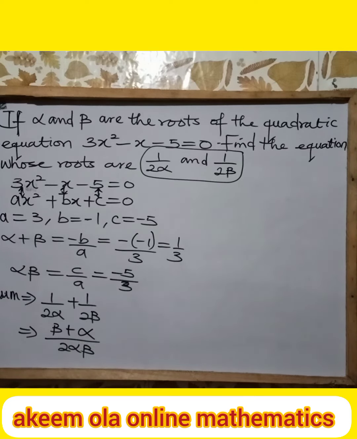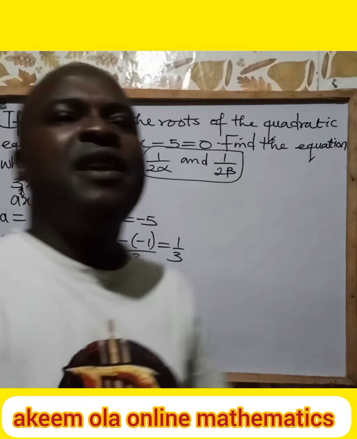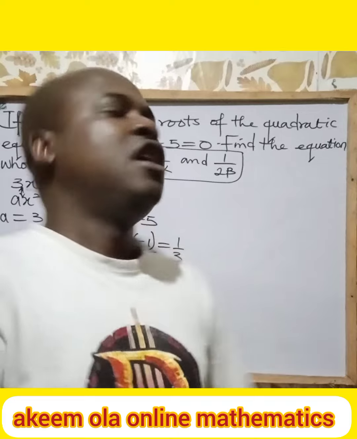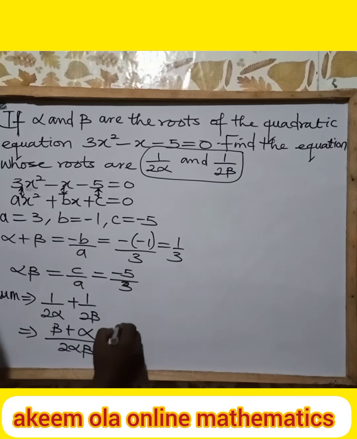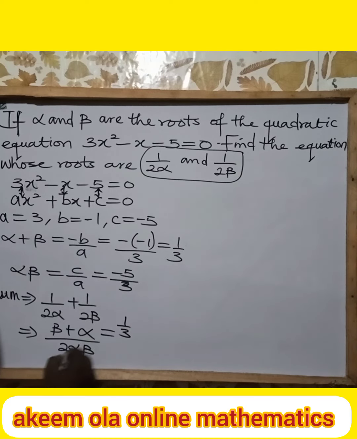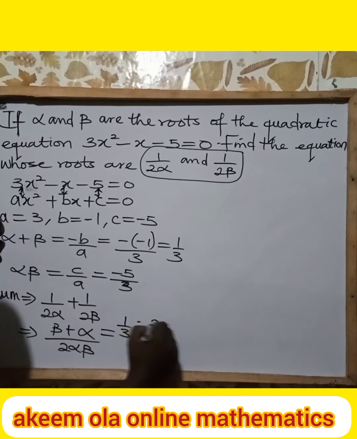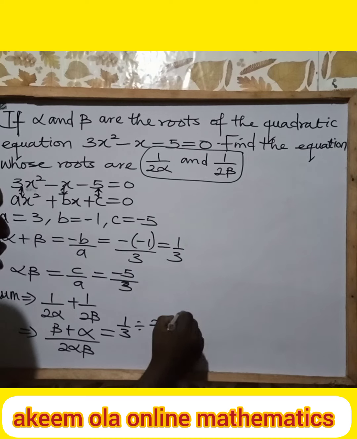So the sum of roots now is given by beta plus alpha all over 2 alpha beta. Beta plus alpha is also the same as alpha plus beta. So we are now going to have our alpha plus beta, which has a value of 1 all over 3, divided by 2 into minus 5 all over 3.